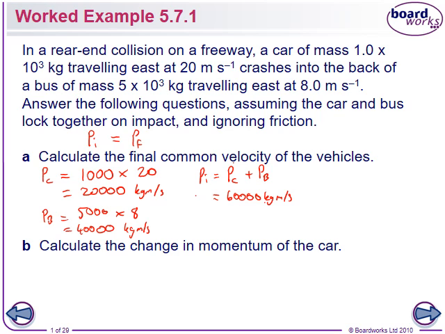So that's our initial momentum. We know from up here that our initial momentum and our final momentum are exactly the same. Momentum is conserved. Whatever you have at the start, you're going to have at the end. So that means our final momentum must also be 60,000 kilogram meters per second.